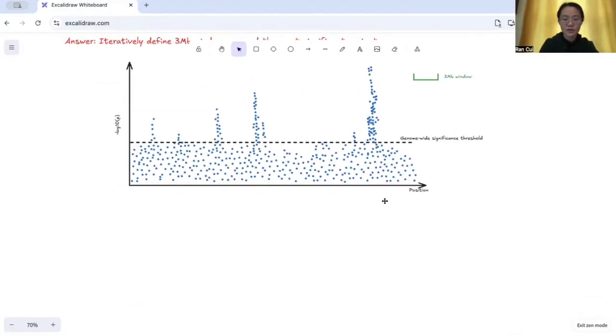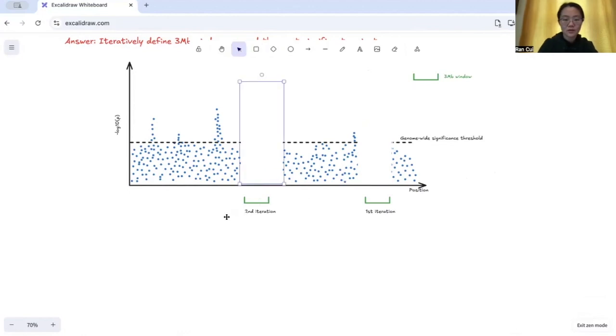All right. So in the first iteration, as you can see, this one is the highest peak in this genome. So in the first iteration, that's what we find. After we find it, we cross it out, so we no longer consider this region. And the second region that we find must be here. So we find this 3 megabase pair window during the second iteration. And here's the third one.